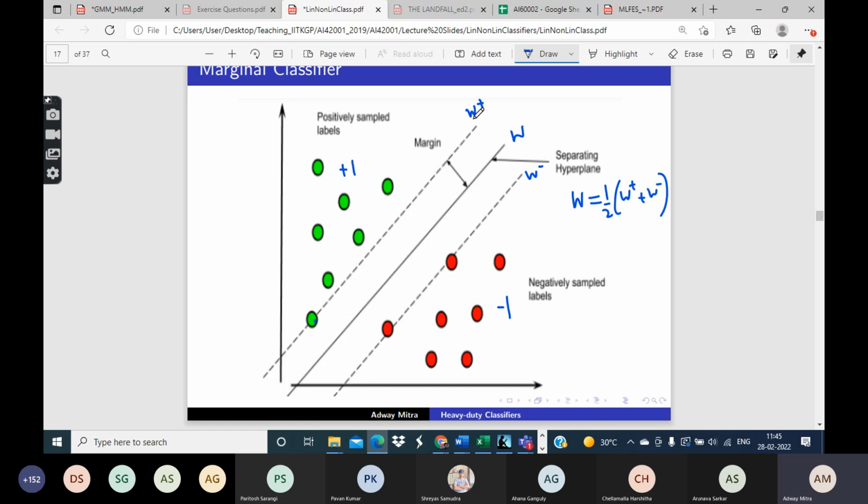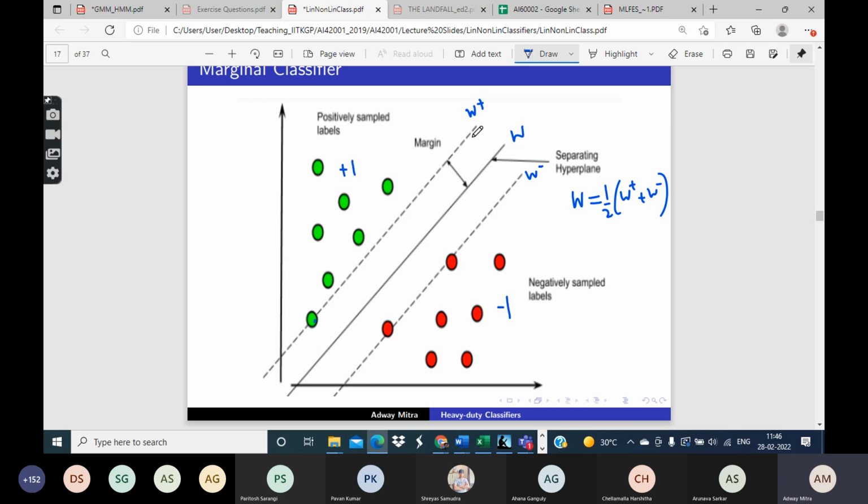Note that W plus and W minus, all of them are parallel to each other. W plus passes through at least one green point, and W minus passes through at least one red point, and W passes exactly midway between them. Also note that W plus, W minus and W, all three of them are actually valid classifiers.